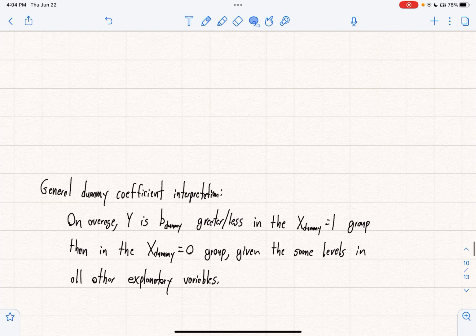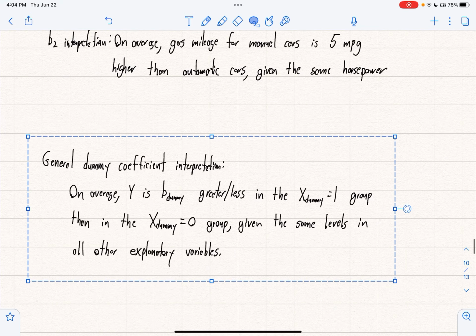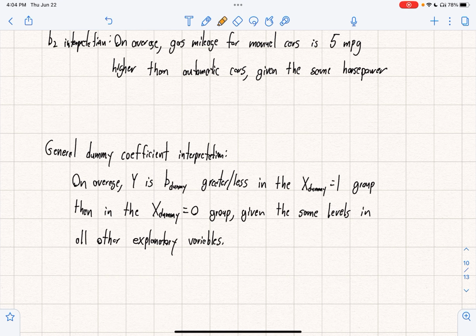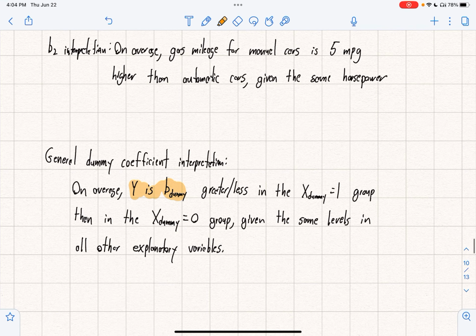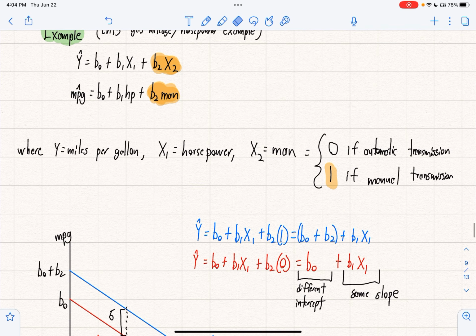So if we just wanted a general dummy coefficient definition, we could say on average, y is b dummy, which in this case would be b2, because our dummy variable is x2. So that would be b2 times x2.